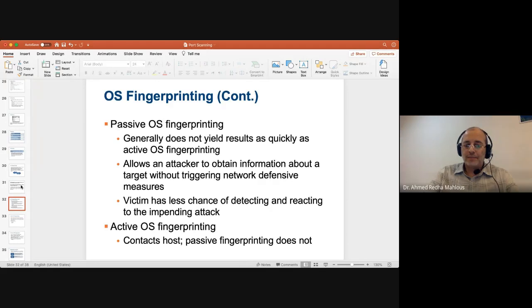You can do passive OS fingerprinting and active fingerprinting. Passively, you get information from other devices without interacting directly, and that information tells you the type of operating system running at the other end.